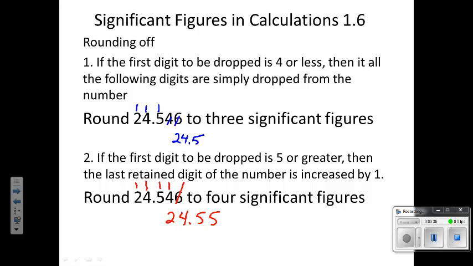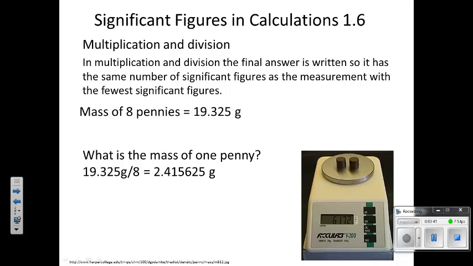Another key thing here. Significant figures in calculations, multiplication, and division. The rules for multiplication and division are a little bit easier than addition and subtraction, so we'll do multiplication and division first.